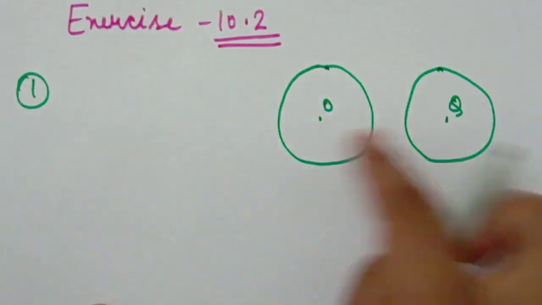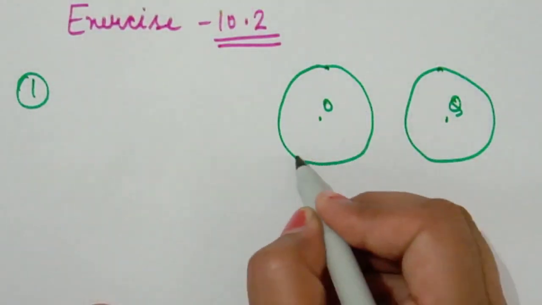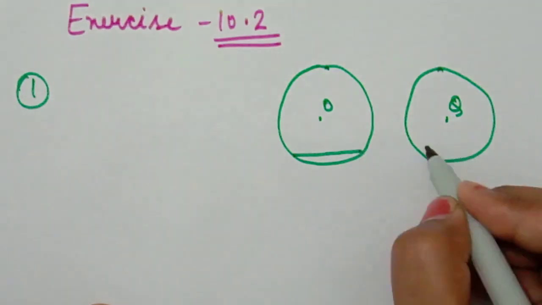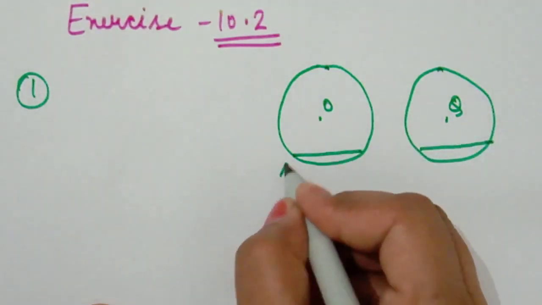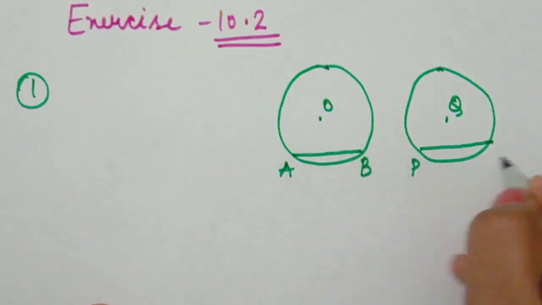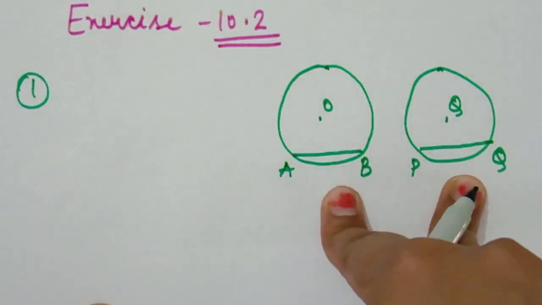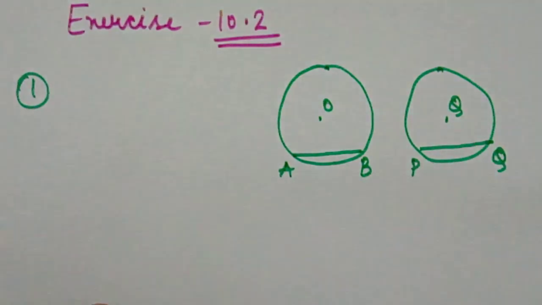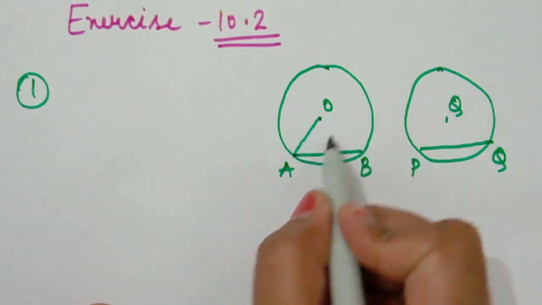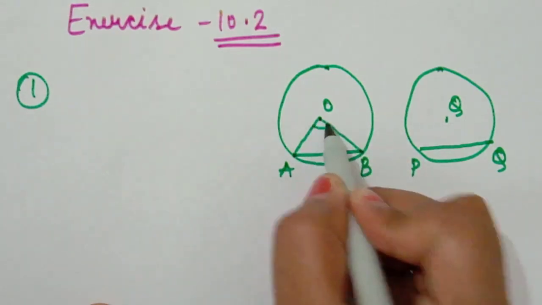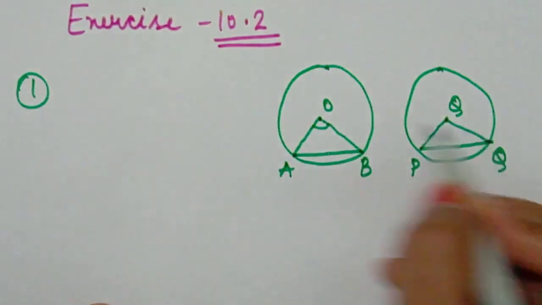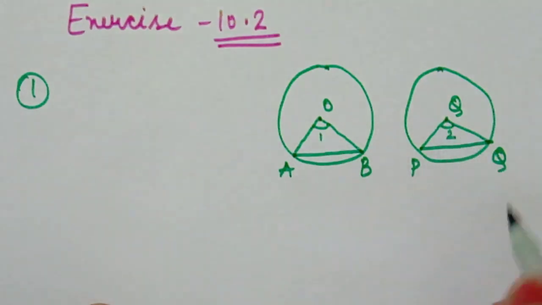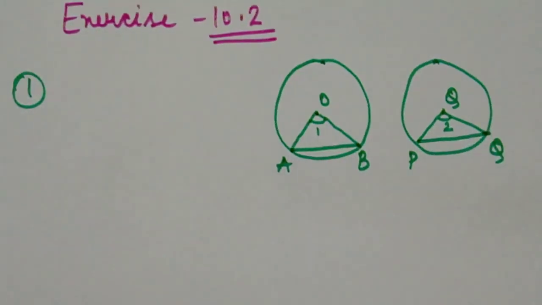Two chords are there and they are equal to each other. We have to prove that they both subtend equal angles at the center, that angle 1 and angle 2 are also equal to each other.